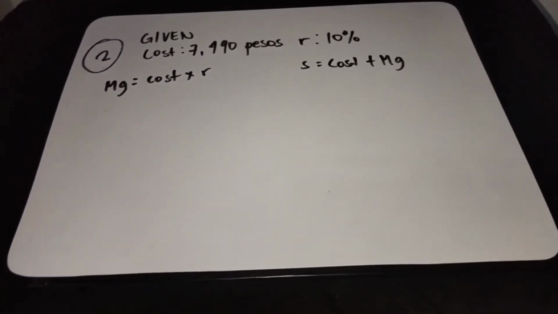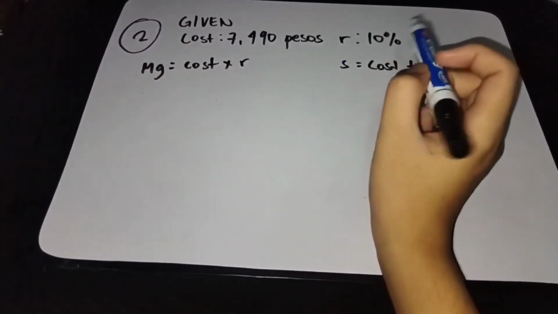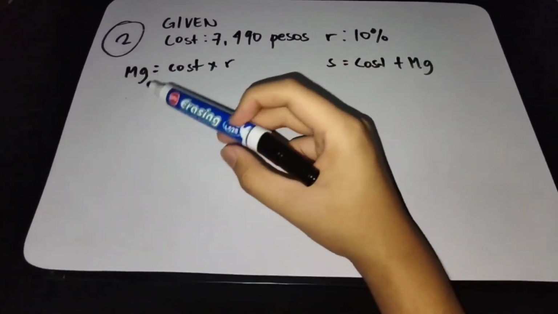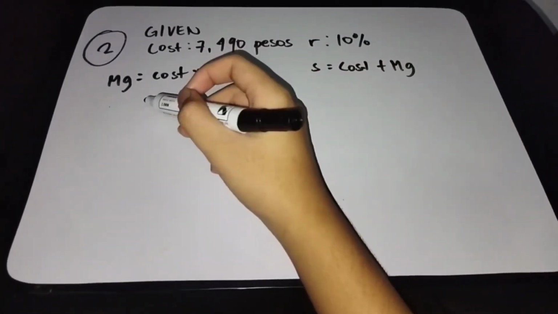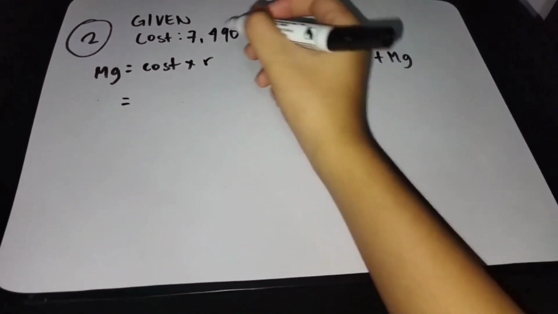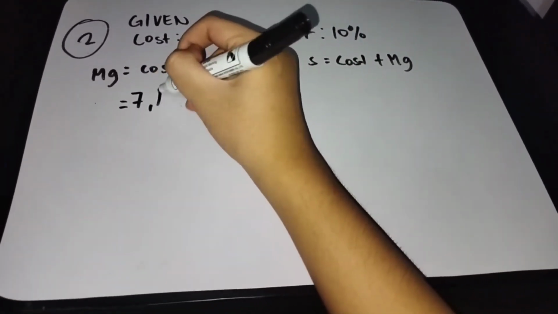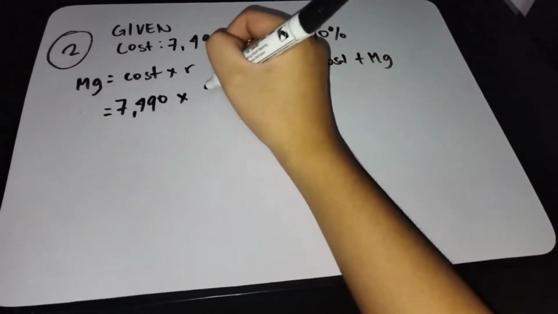Our second activity, we were given the cost of 7,490 pesos and the rate of 10%. Now we just need to find the gross margin and the new selling price, and start by computing the gross margin. So we just need to put the cost of 7,490 multiplied by the 10%.